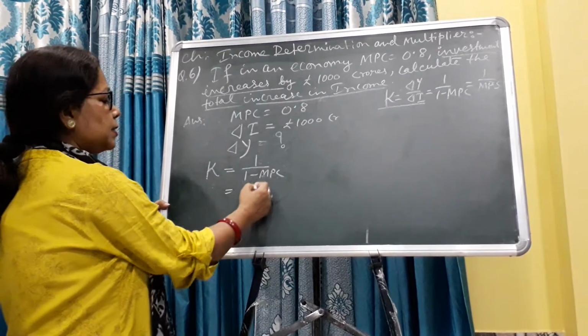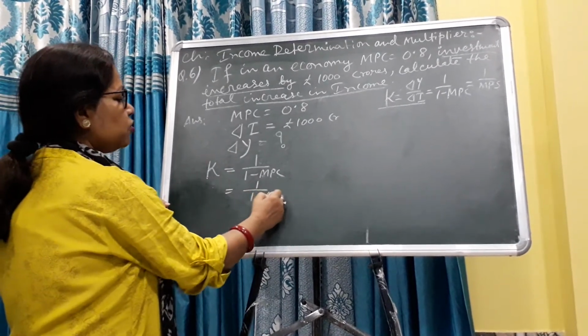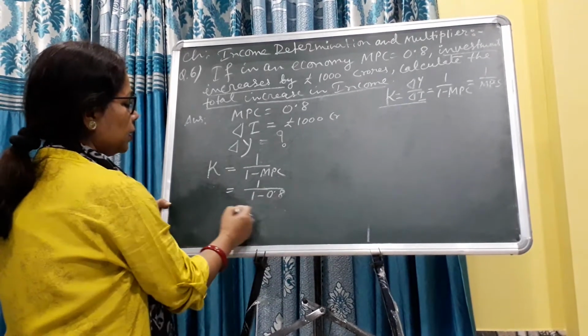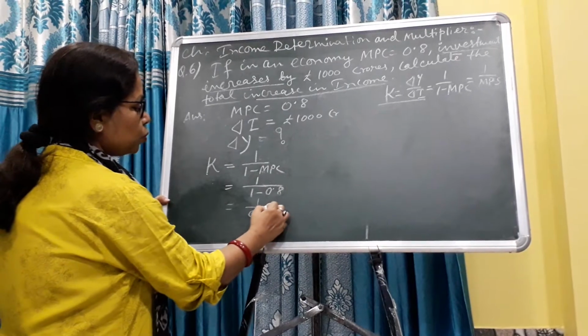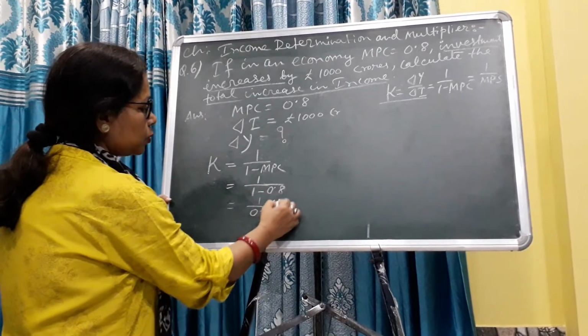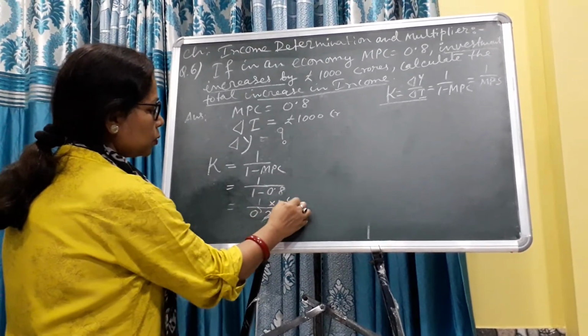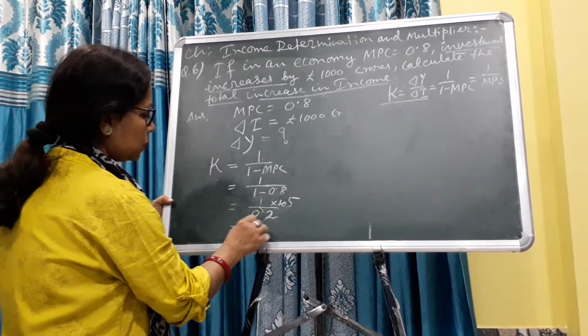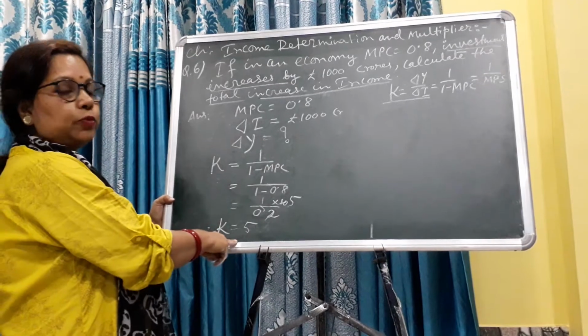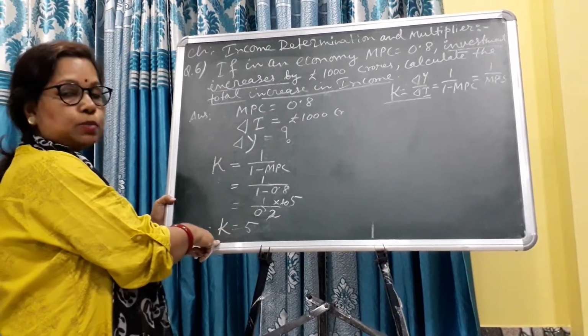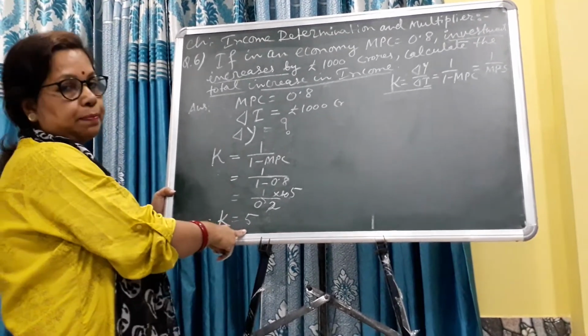So next, 1 by 1 minus 0.8, next 1 by 0.2. So the K value will be 5 times. K means multiplier, so this is 5 times.